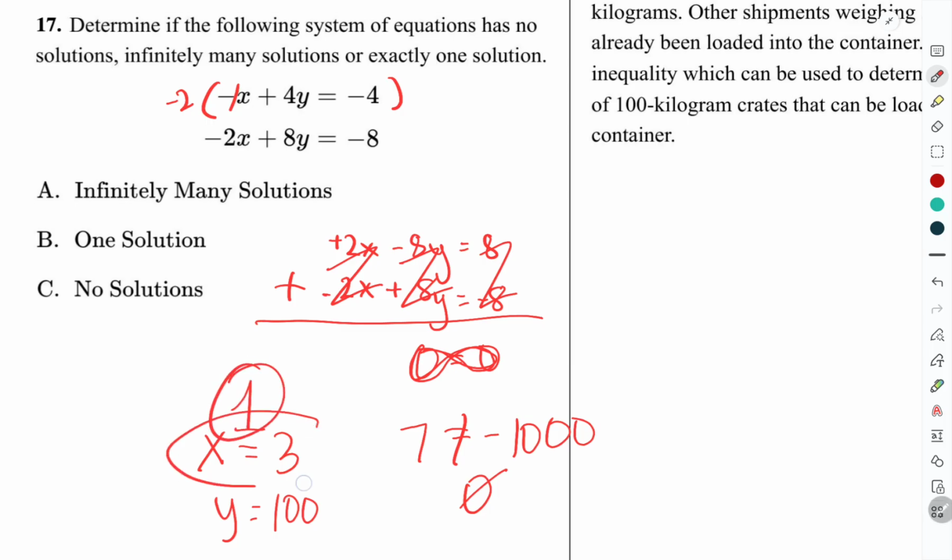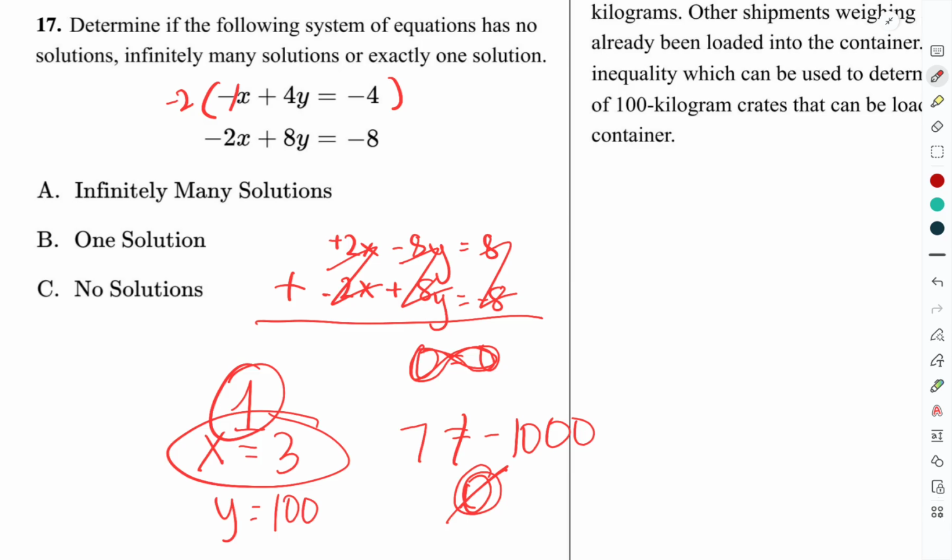And the one solution would be 3. So if everything cancels out, it's infinite. If I get this false statement, it's 0. And if I get x equals something or y equals something, if the letter stays, then it's one solution.